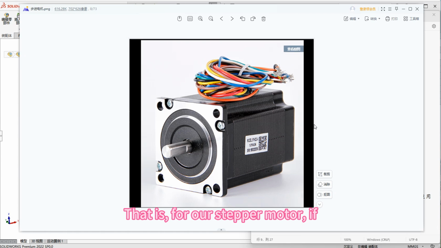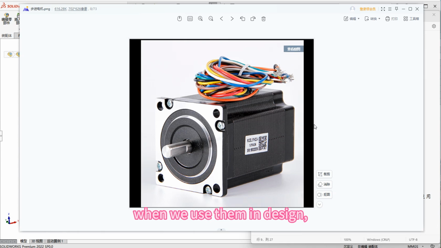Okay, fourth, starting requires a gradual acceleration process. That is, for our stepper motor, at higher rotational speeds, the output torque is smaller. This is inherent. Therefore, when starting at high speed, stepper motors are prone to losing steps. Actually, relatively speaking, stopping from a high speed state can cause overshoot, losing precision, or losing angular control.